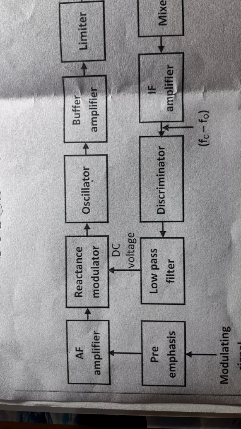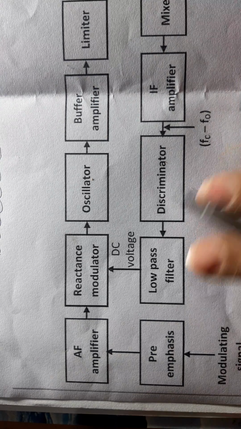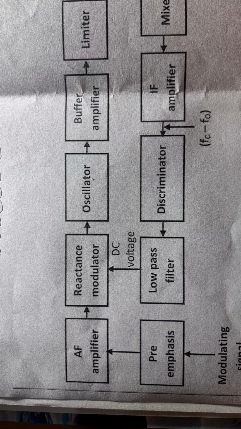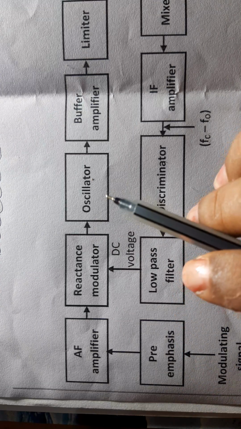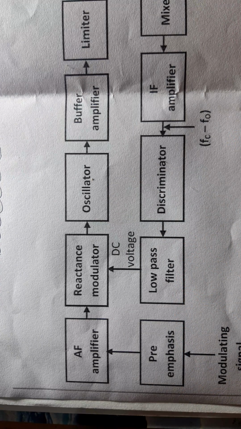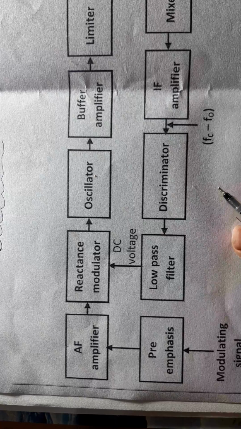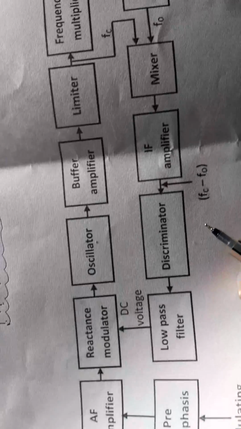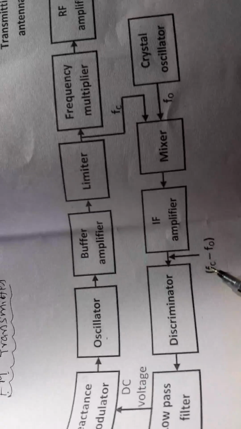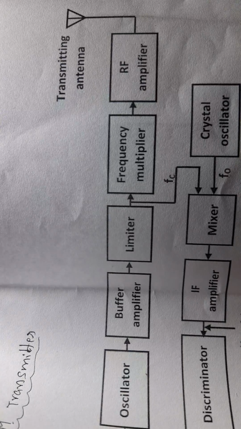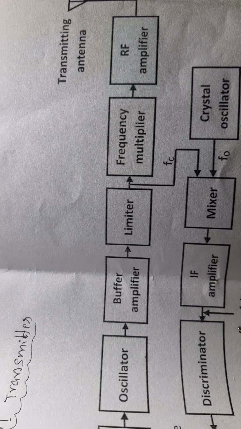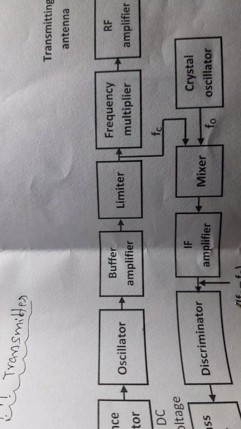Now we shall discuss the block diagram and its functional block diagram. See, this is the block diagram for frequency modulated wave transmission. This is a complete block diagram, and I will explain one by one what this block diagram does.